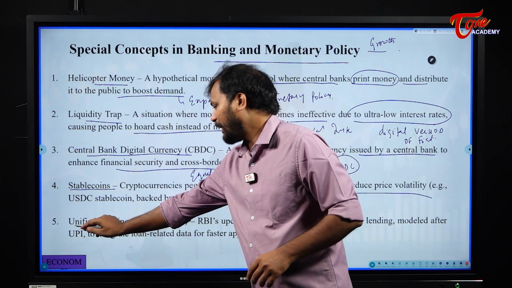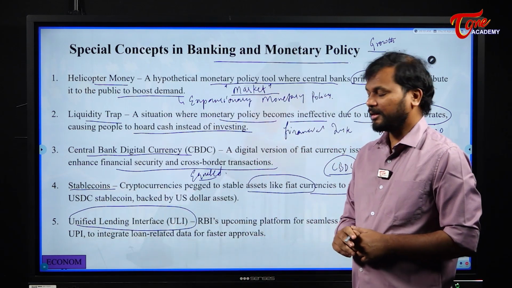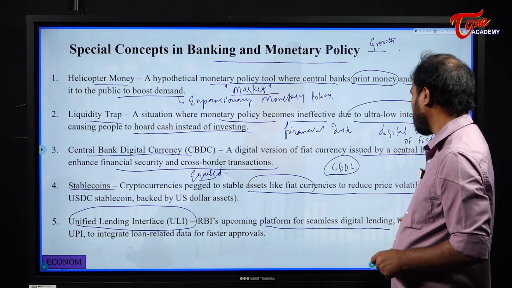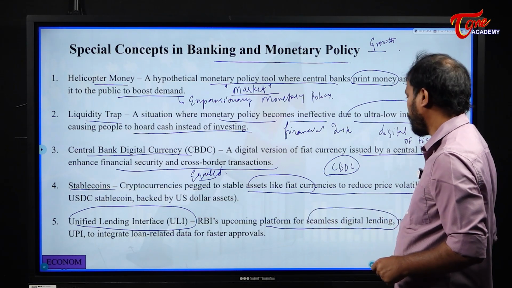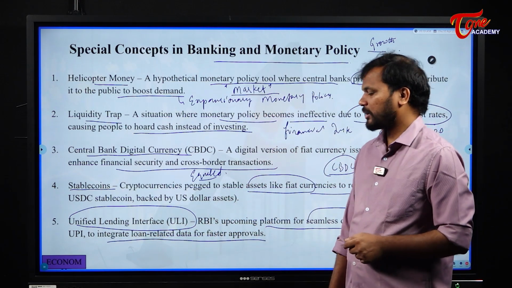Next, unified lending interface. It is a platform for seamless digital lending, modeled after UPI, to integrate loan-related data for faster approvals.